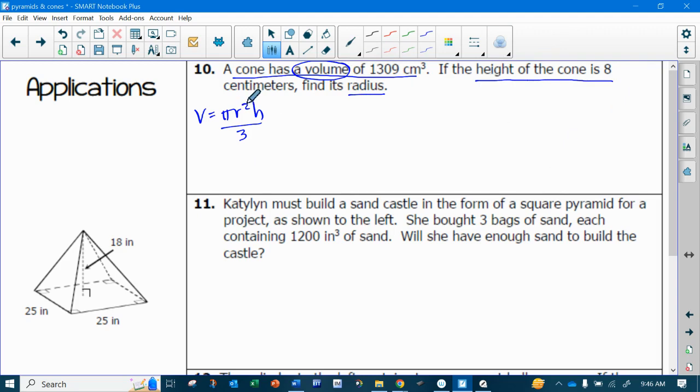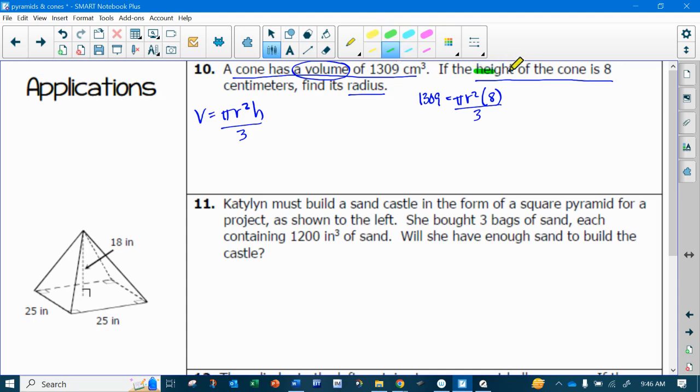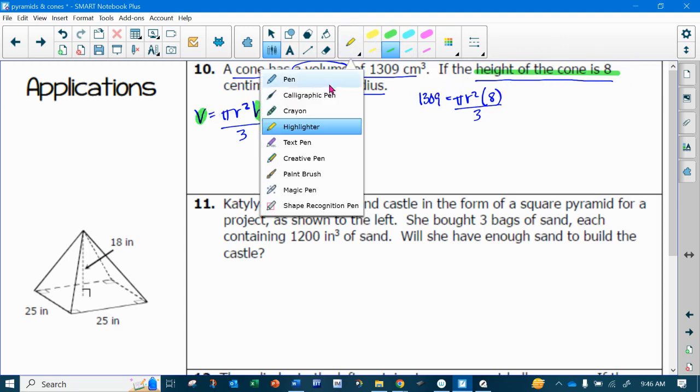Since the radius is squared, I'm going to be taking the square root at the end. So I'm going to take this number, 1309, and set it equal to the formula: pi r squared times 8 divided by 3, because the height is 8. I replaced h with 8, and I replaced v with what the volume is.